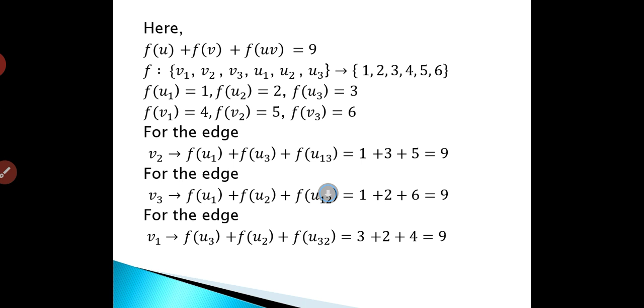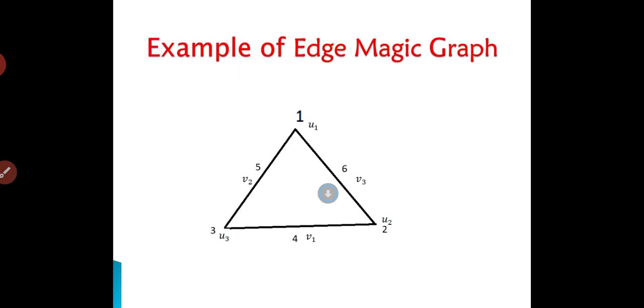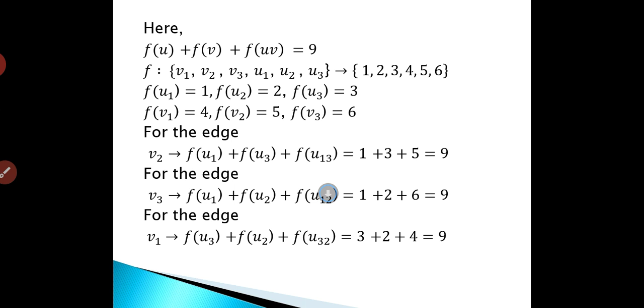For the edge v2, f(u1) plus f(u3) plus f(u13). All of you see the figure. For v2, f(u1) plus f(u3) plus f(u13) is 1 plus 3 plus 5, which is equal to 9.